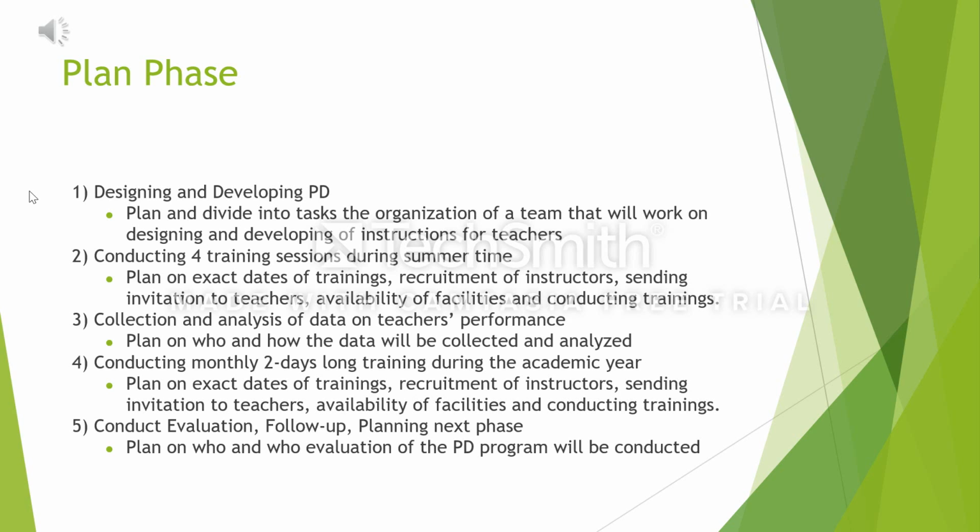The second objective is conducting 4 training sessions during summertime in 2021. Here we plan tasks on choosing exact dates of trainings, recruitment of instructors, sending invitation to teachers, and checking availability of facilities and conducting trainings.